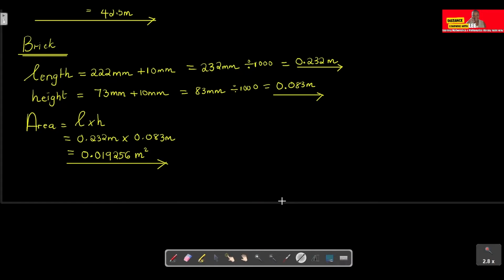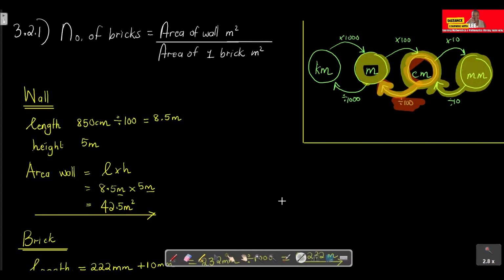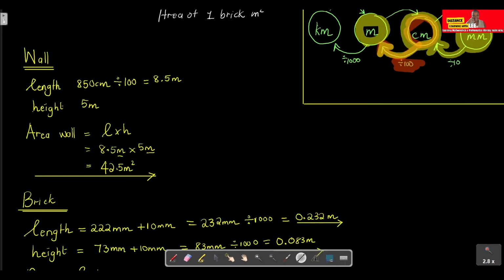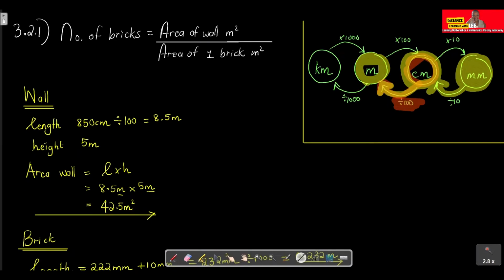Okay, so now you can see we already calculated the area of one brick, and we already calculated the area of the wall. So now we are ready to substitute everything into this formula that we started off with, which said that to get the number of bricks you'll need for this wall, you need the area of the wall. What is the area of the wall?